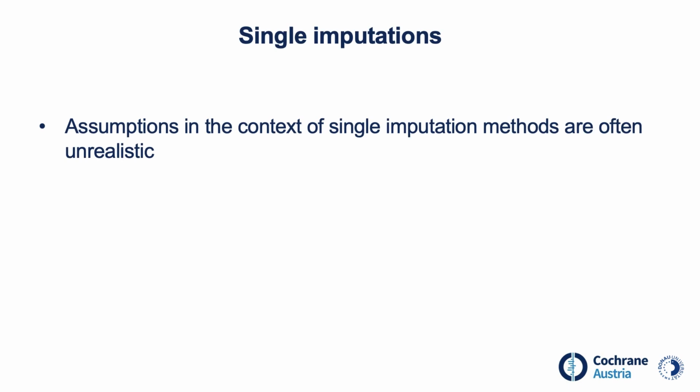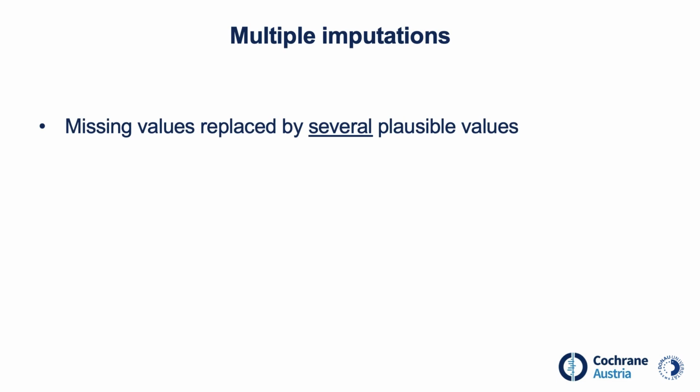However, the assumptions in the context of single imputation methods are often unrealistic. There is also a high risk of having distorted results. Study results based on single imputation methods should therefore be treated with caution. With multiple imputations, missing values are replaced by several plausible values instead of just one.